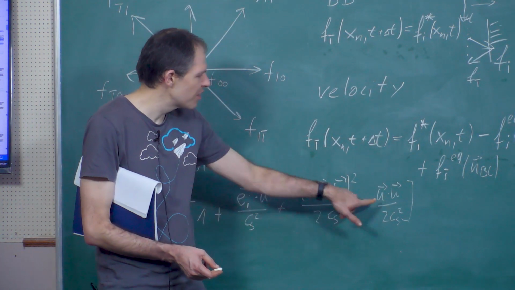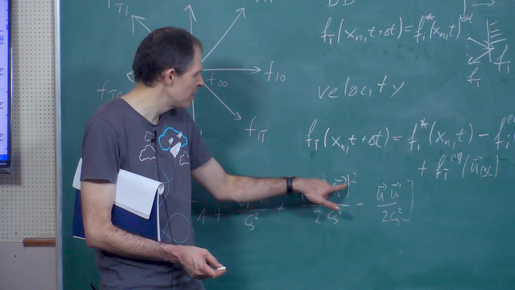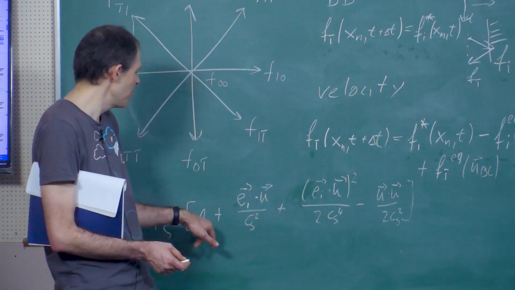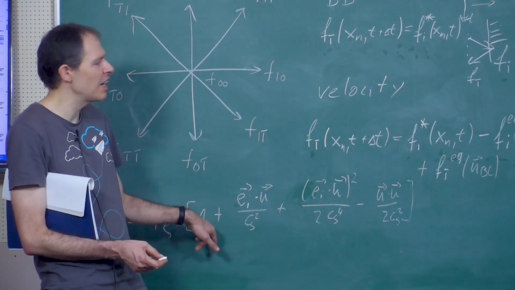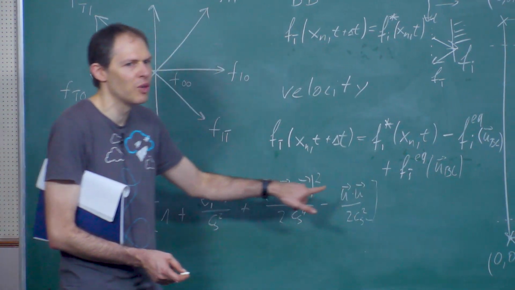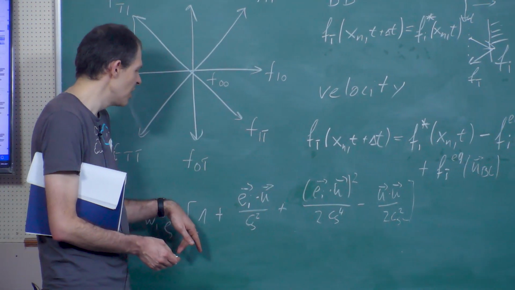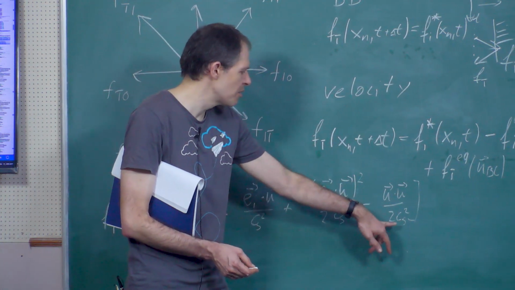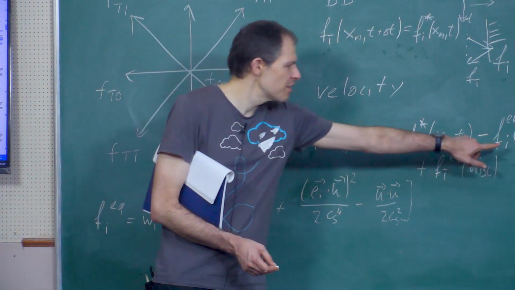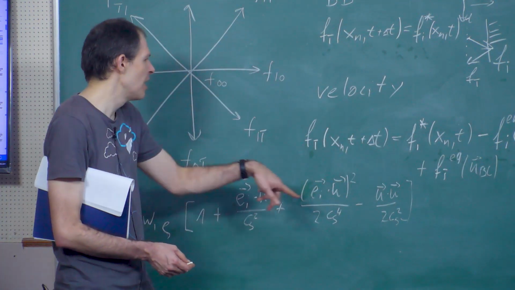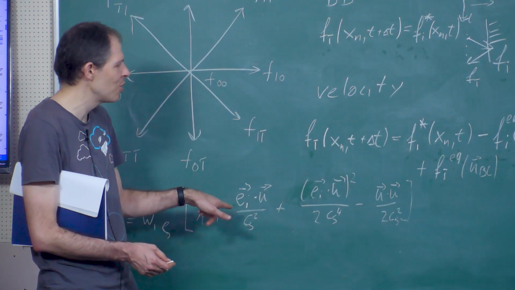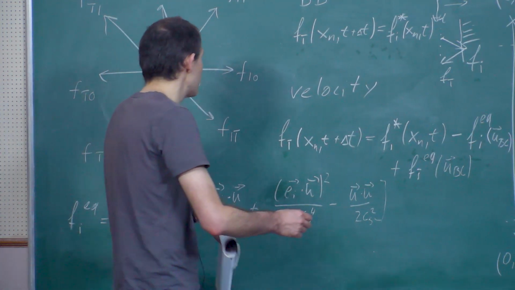And here, because these things are squared, they will be the same in both. The same goes, of course, for the one. They are the same in the f_i equilibrium and in the f_i inverse equilibrium. So this and this will disappear, and here we get a minus from this one, and then a plus from this one, but a minus from that one, so that they come out together.